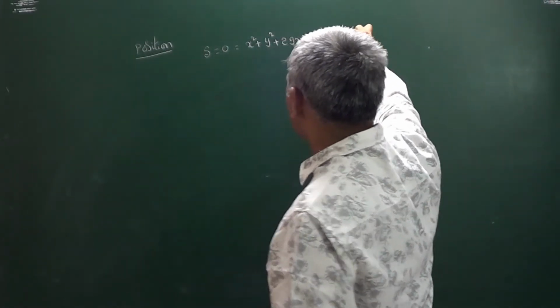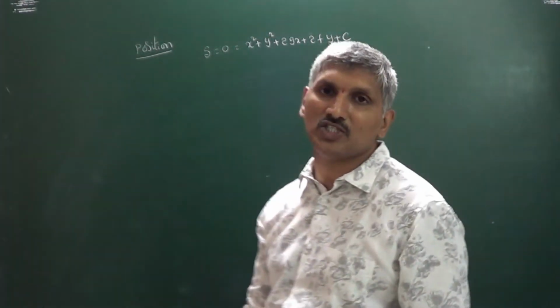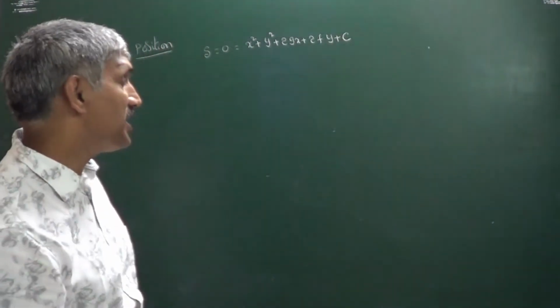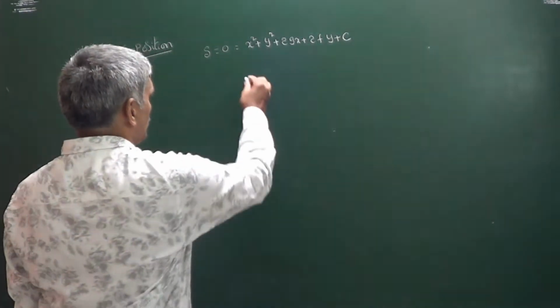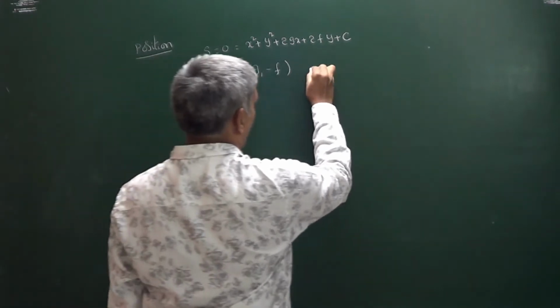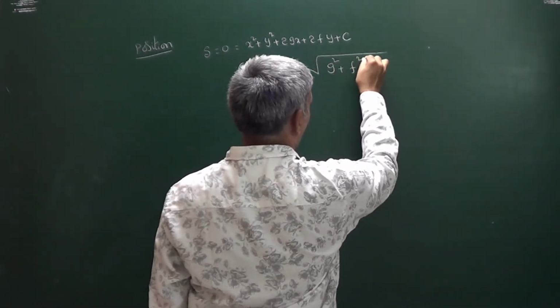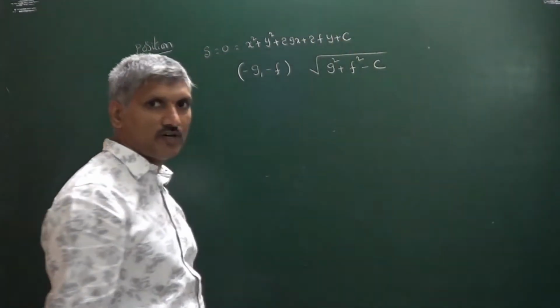No doubt that the circle center is minus g comma minus f and the radius is equal to the square root of g square plus f square minus c.